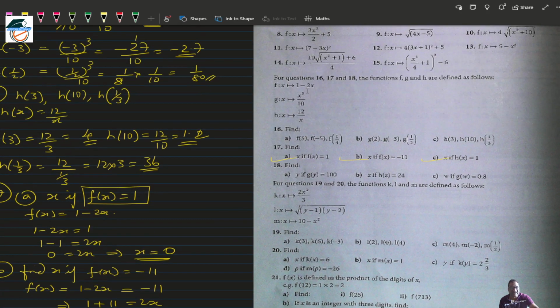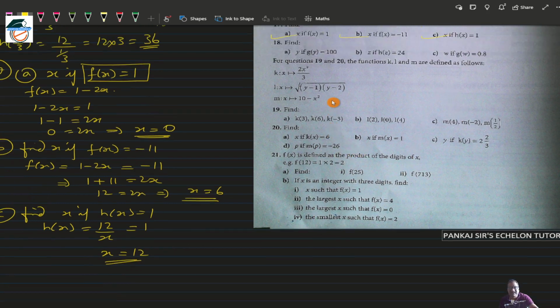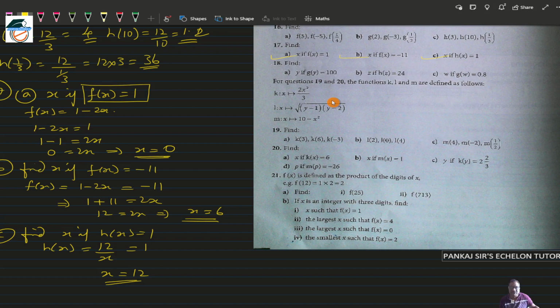Yes, h of x is 12 upon x, and this is given to you as 1. So if h of x is equal to 1, what will be x? You have to just find out x equal to 12. So that is also done. So question number 17 ABC is also done.